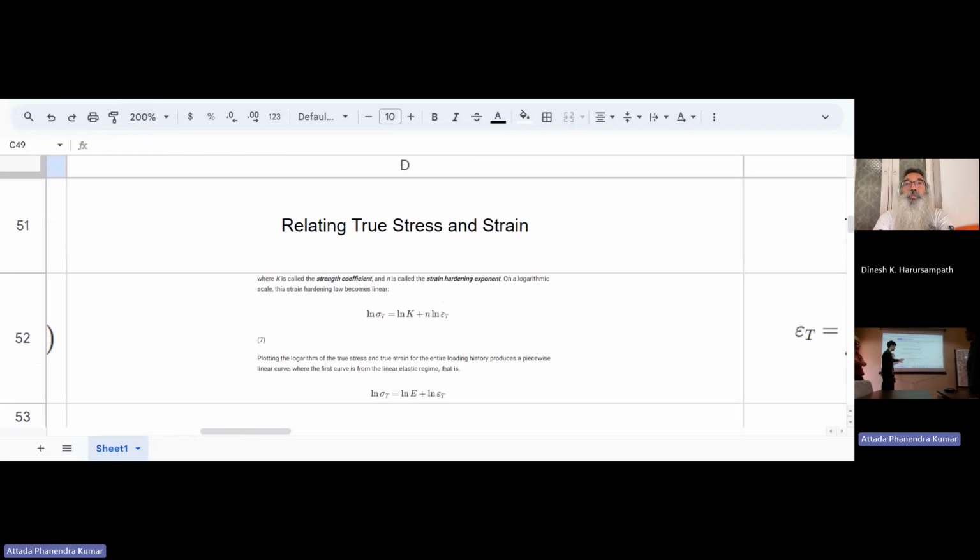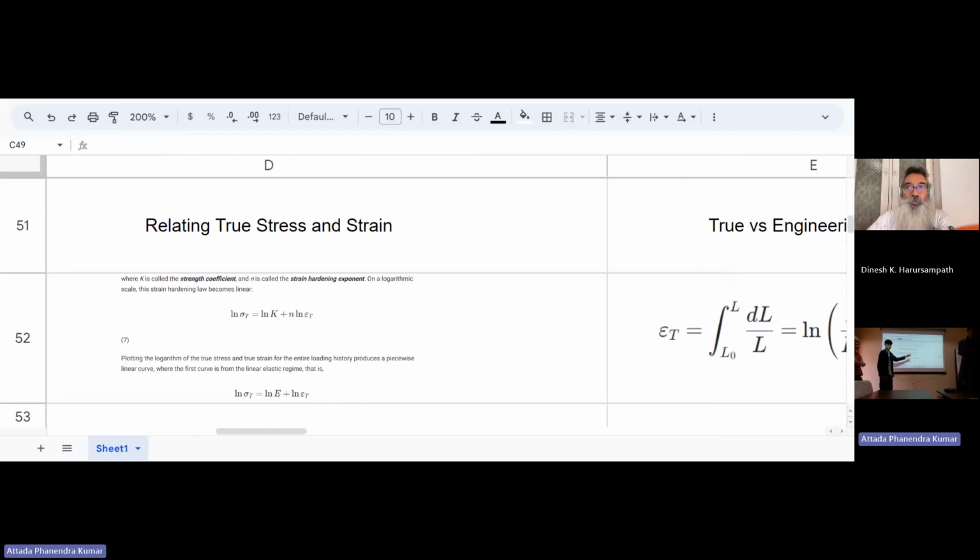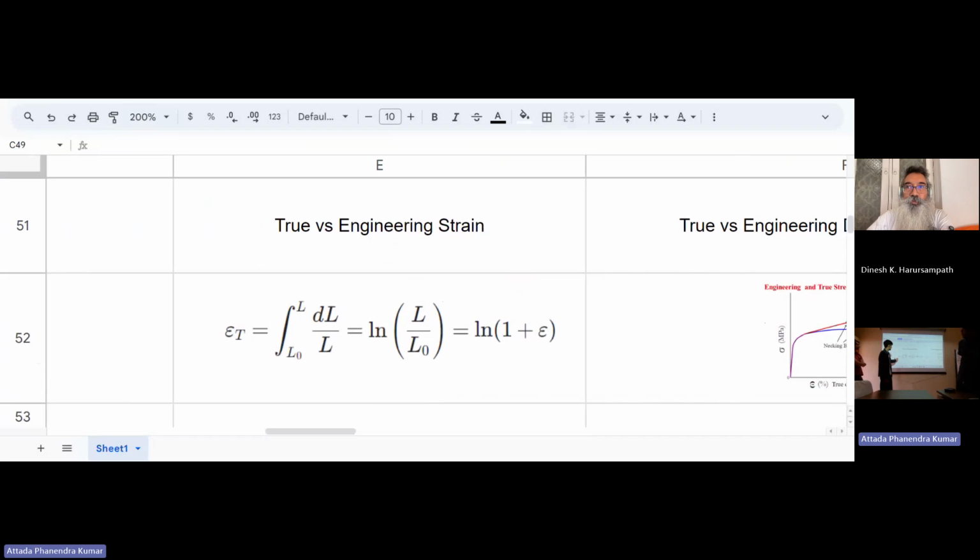So if we plot the logarithm of the true stress and true strain, we can use an equation like this as well, where we're including the elastic moduli and the true stress and true strain. So this equation also talks about true versus engineering strain. It's the same thing, how we're relating true strain to engineering strain.